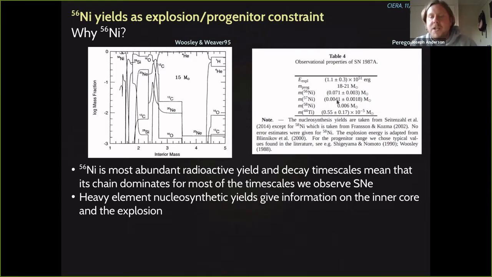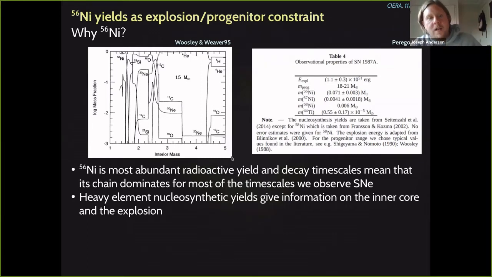The decay chain is nickel 56 to cobalt 56 to iron 56. And the timescales here are extremely relevant for the timescales over which we observe supernovae. So it's really the decay of nickel 56 which dominates the energy input from radioactive decay for at least the first several months, several years of a core collapse supernova explosion.